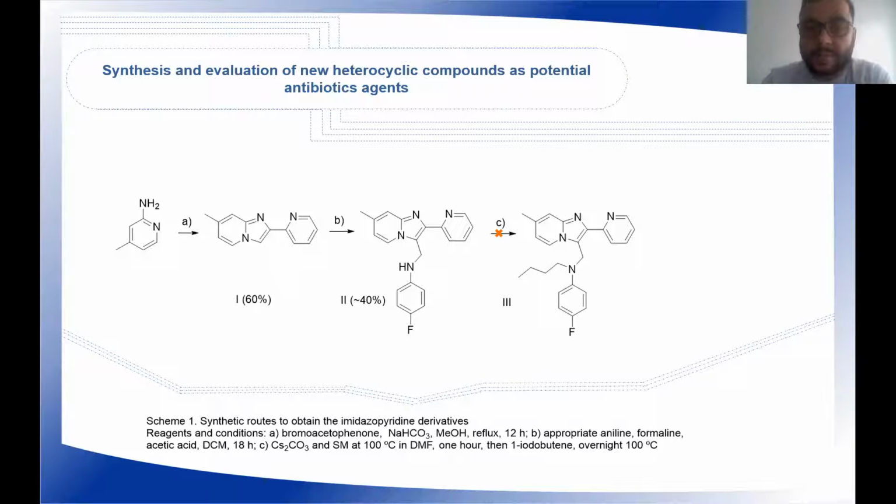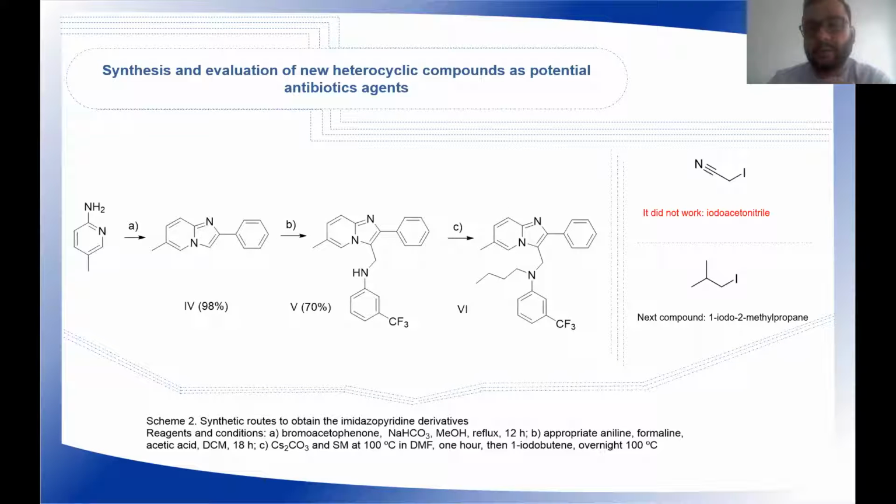The second step is a Mannich reaction to get the Mannich base. And the last step is the step that I struggled with. First, I was trying to optimize using the pyridine, the compound having the proper nitrogen in the ortho position, but I was having some problems to purify and get the final compound.